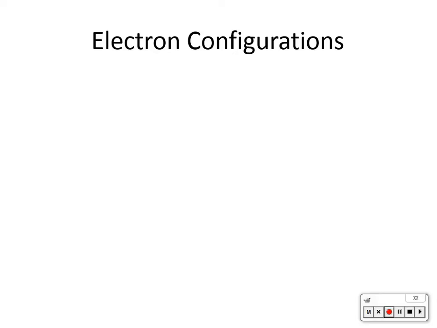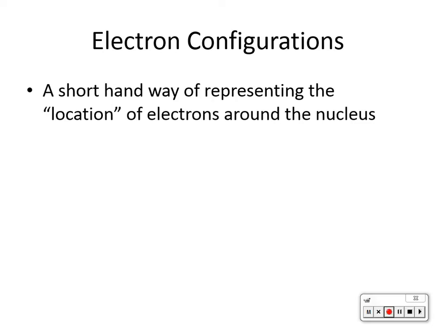Even though those orbitals exist, they don't always have electrons in them. So orbital diagrams simplify that big drawing and say, where are these electrons exactly? Electron configurations are an even shorter way of representing the locations of the electrons around the nucleus.